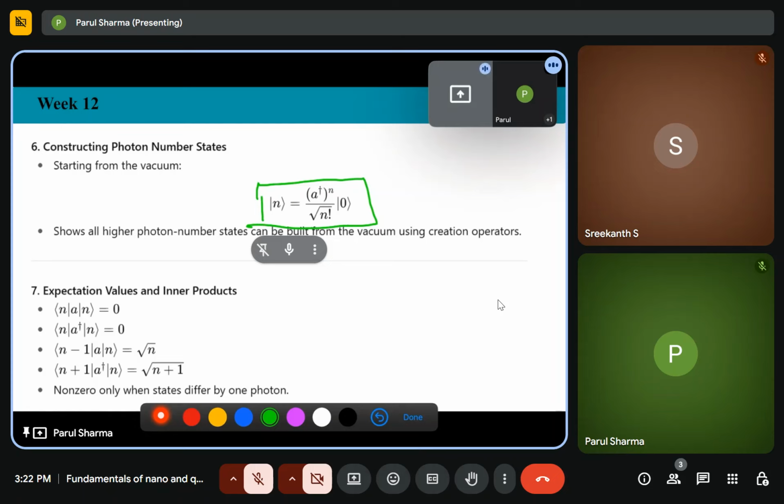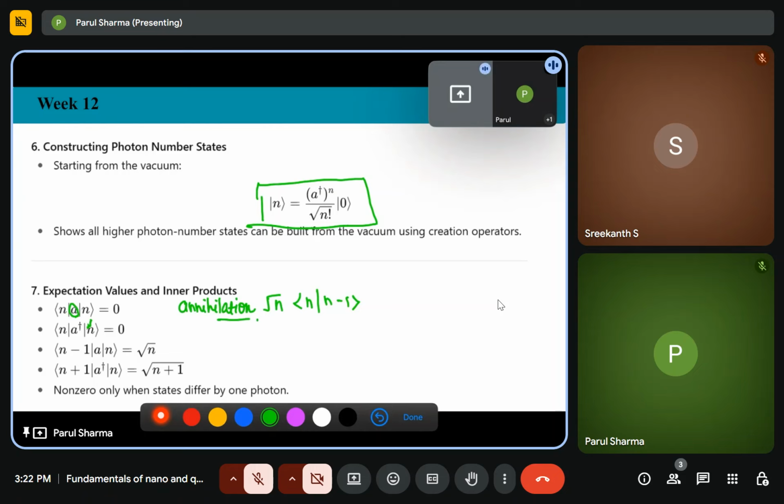So now, there are some properties for the photon number state. When the a operator, that is the annihilation operator, is acting on n, it will give us n minus 1, and the constant coefficient is root of n.